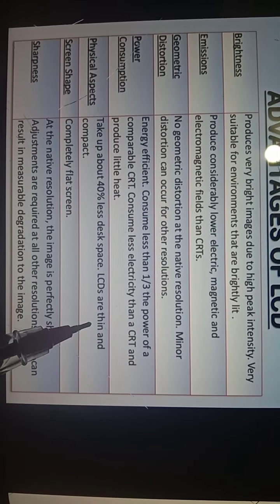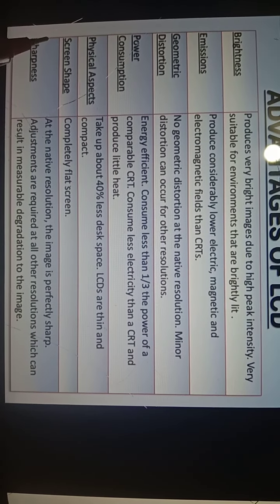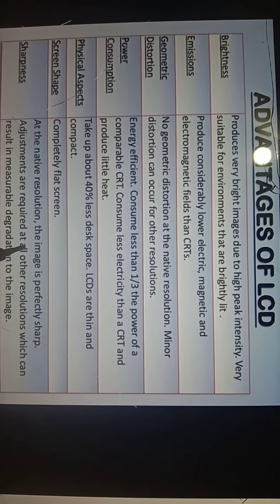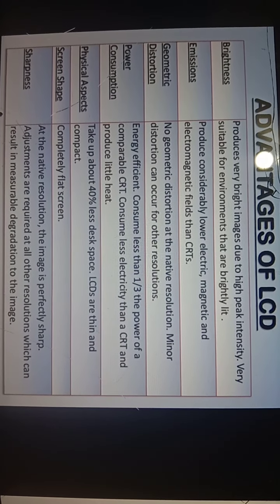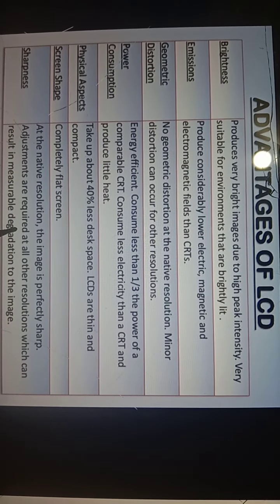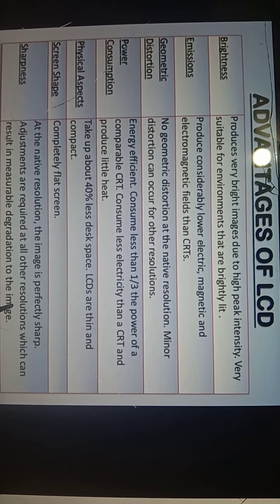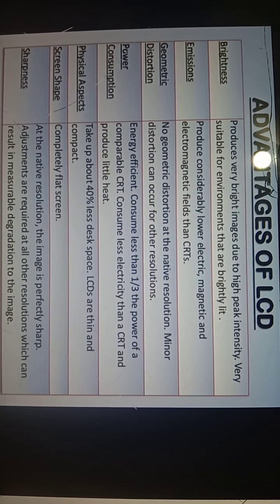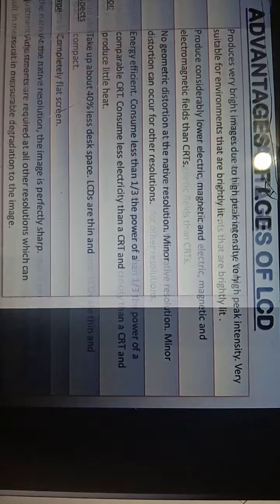LCDs are thin and compact. Screen shape: completely flat screen. Coming to sharpness, at the native resolution the image is perfectly sharp. Adjustments are required at all other resolutions, which can result in measurable degradation to the image.